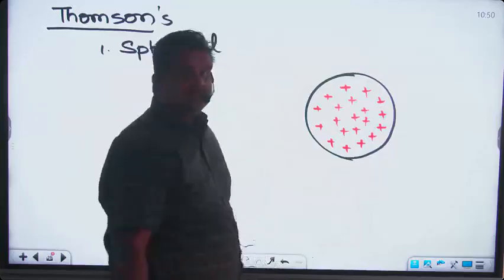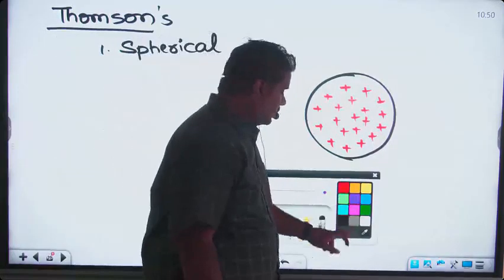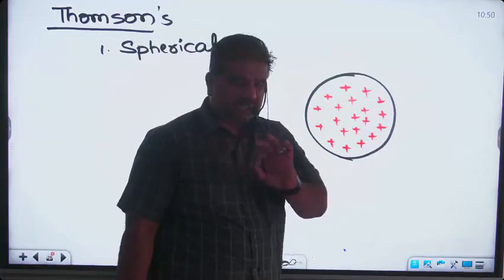What about the negative charges? Nowhere in Thomson's model are the words electrons and protons used.